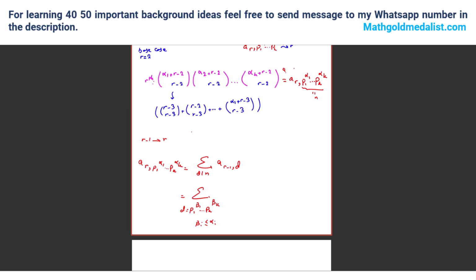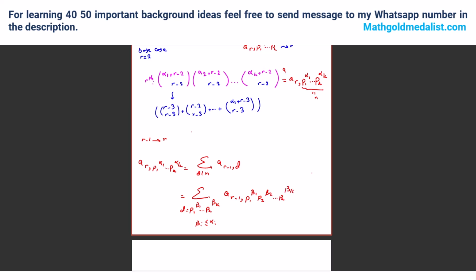So if we apply for r minus 1, it will be what? a_{r-1}(d) is the summation of a_{r-2}? No, a_{r-1} of d. d is here, I replace d with, because we know d divides n, right? So do you agree d = p1^beta1 p2^beta2 ... pk^betak?